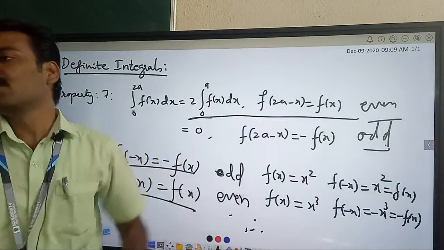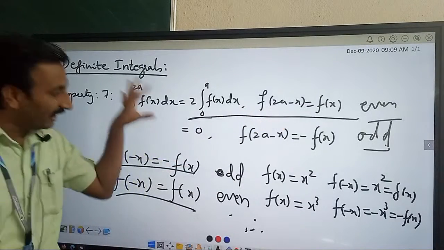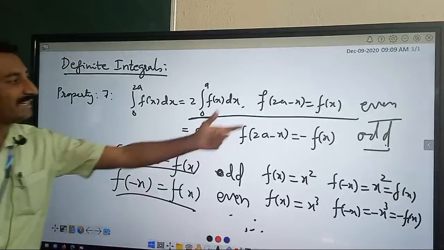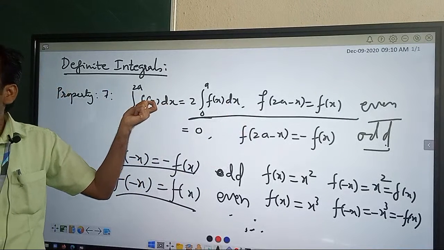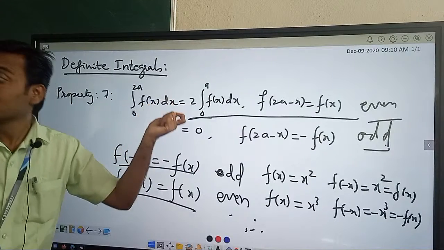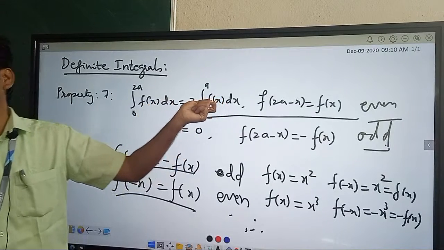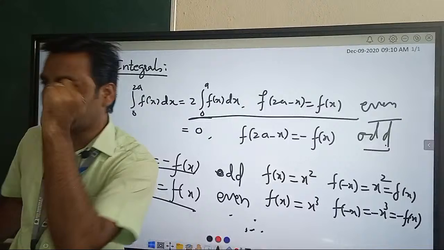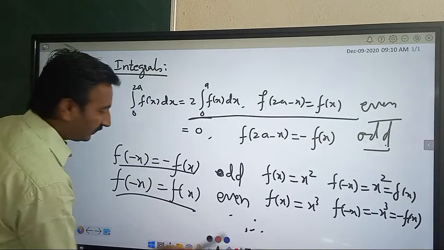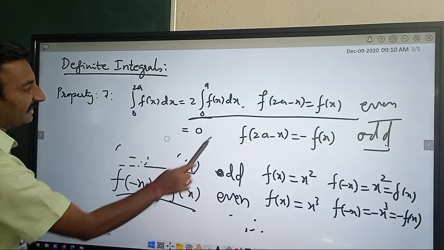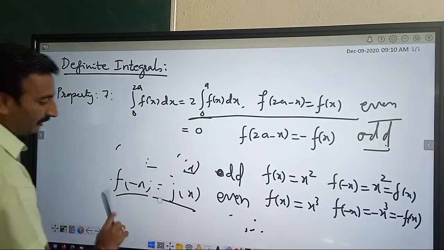So when I start the proof of this case, I take the integral from 0 to 2a of f of x dx equal to the integral from 0 to a of f of x dx plus the integral from 0 to a of f of 2a minus x dx. That is property number 6. Correct? Please write this property and then I will proceed, because I will remove all this.